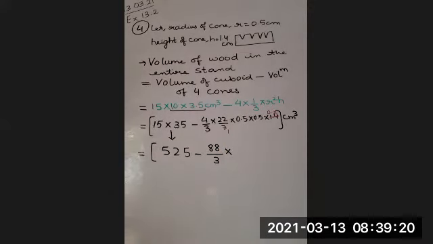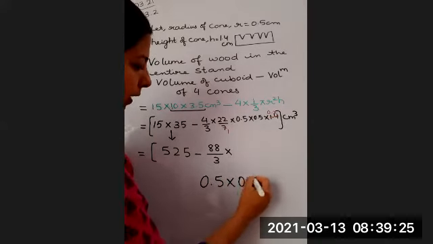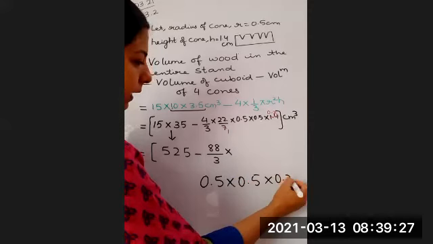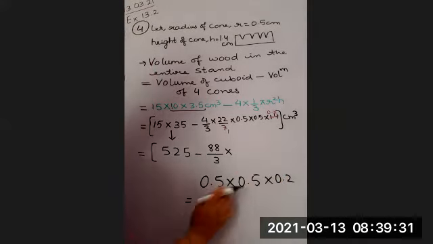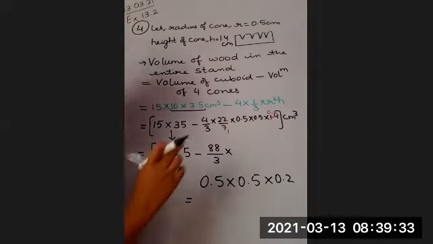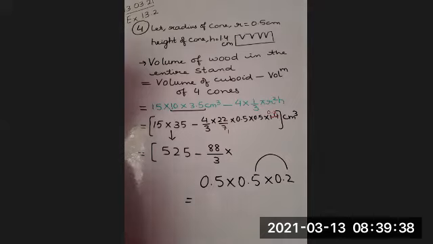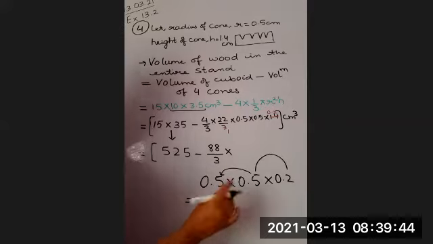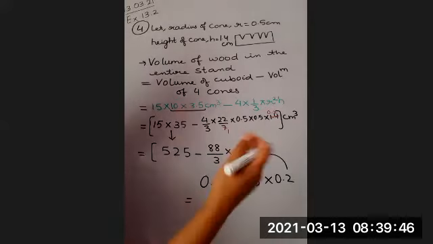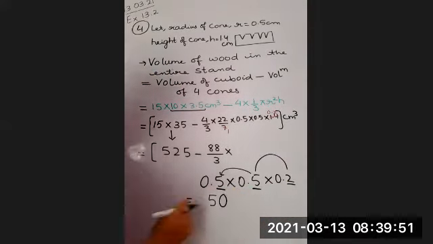I would advise you one thing. Please see. You have to multiply 0.5 into 0.5 into 0.2. Please understand the calculation. I would say remove the decimal from your mind. What is 5 into 2? 10. And then 10 into 5? 50. Now count the decimals. 1, 2, 3.